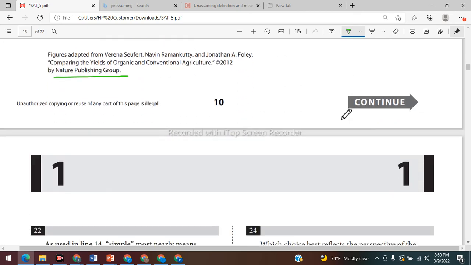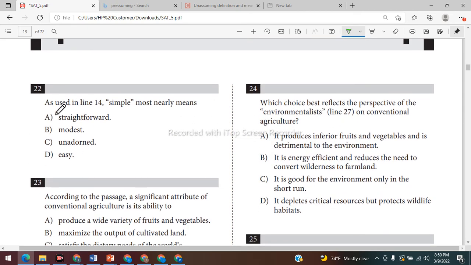So straightforward. I know it's kind of close with these two, but the answer is straightforward. Before I saw the question, I thought it could be easy. Yeah, I understand, it could be easy.